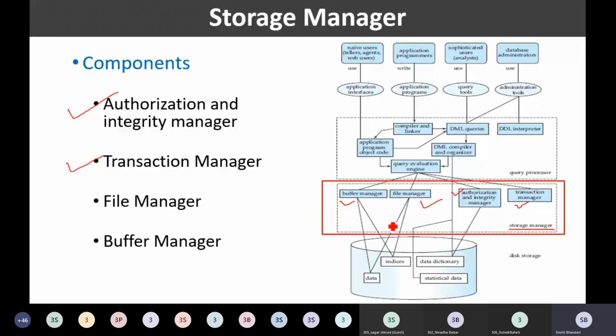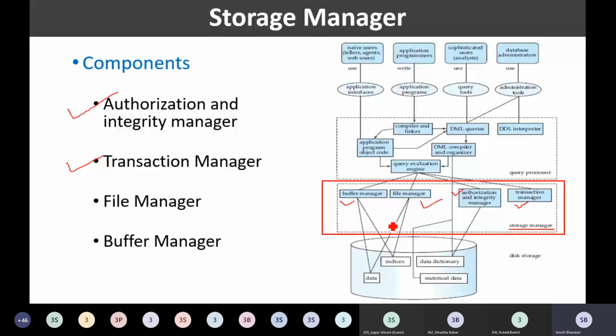What do I mean by this consistency? Many times it may happen that our database system comes across some kind of failure. Maybe it is a hardware failure, maybe it is a software failure or any kind of failure.